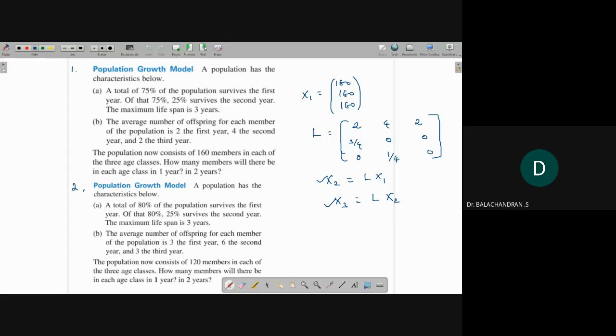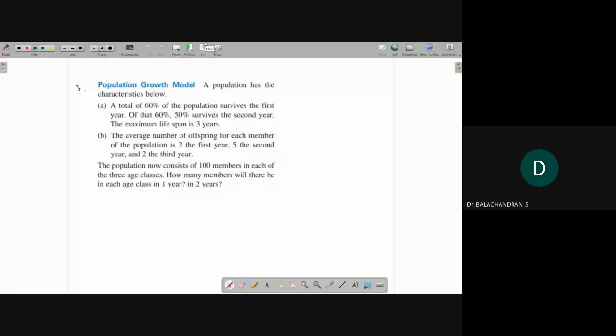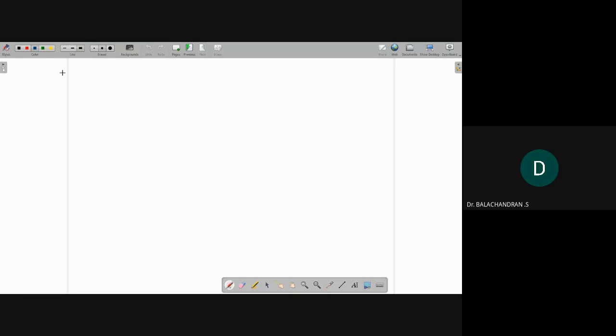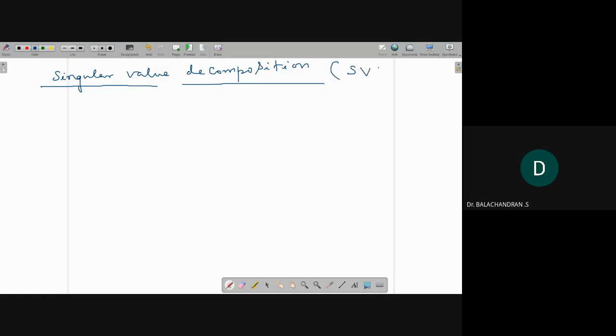So the next topic is the singular value decomposition problem, in brackets SVD.